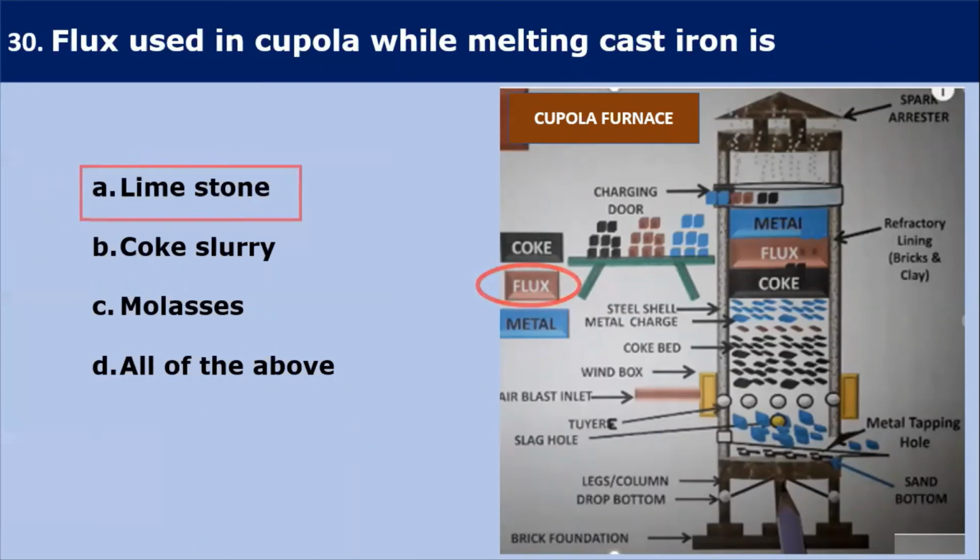The impurities are mostly silicon oxide, which is also called sand. The calcium carbonate in the limestone reacts with the silicon dioxide to form calcium silicate, which is also known as slag. And that's why the flux in the cupola while melting cast iron is limestone. You can see here.